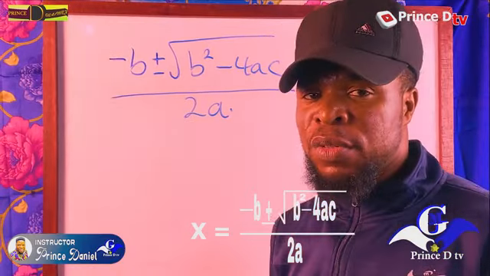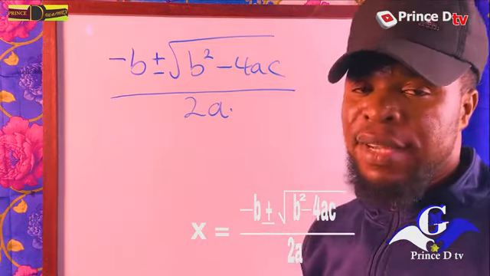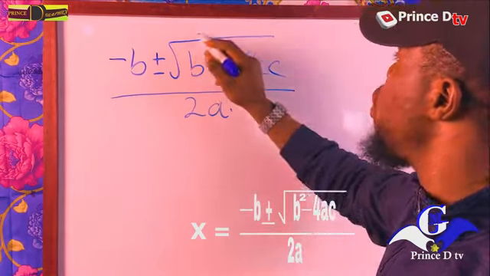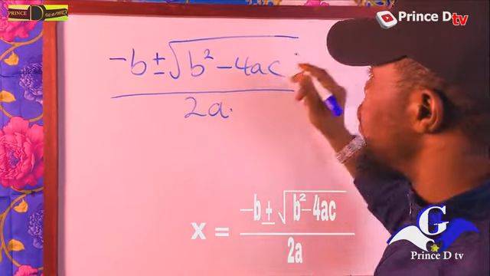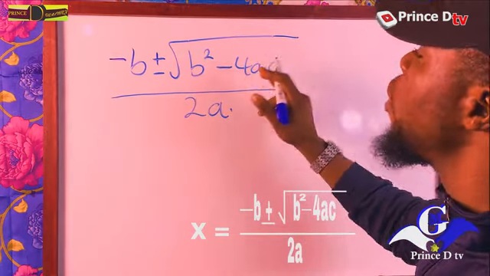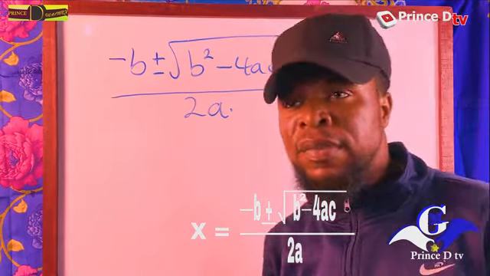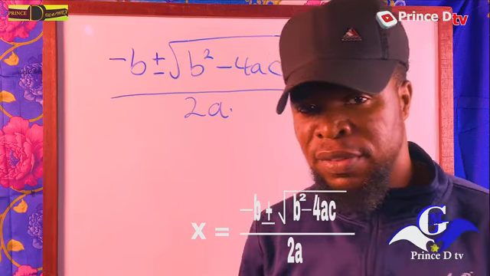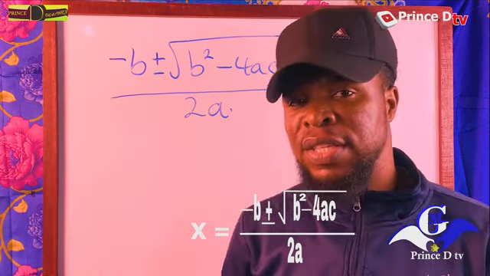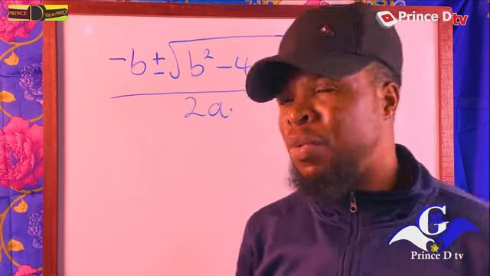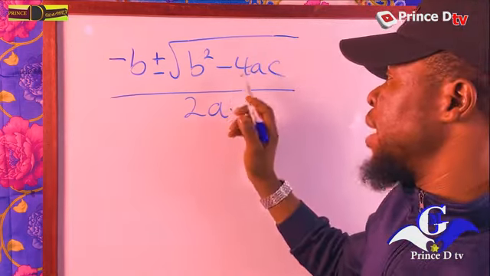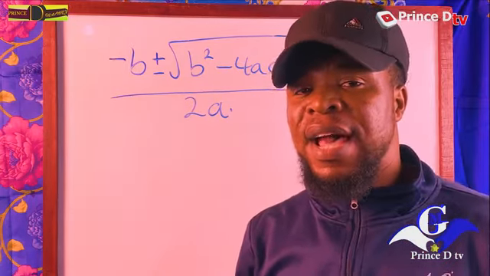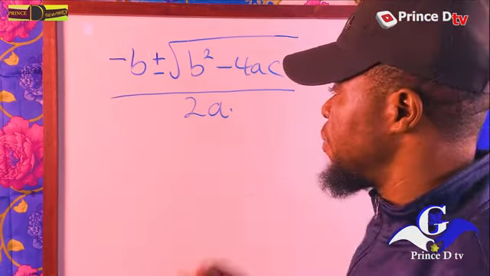If you need to take note, this is the quadratic formula: minus b plus or minus the square root of b squared minus 4ac all over 2a. Remember, in our introduction on mastering quadratic equations, this playlist, I was emphasizing a, b and c. So this is where we have to apply a, b and c. So this is the formula.